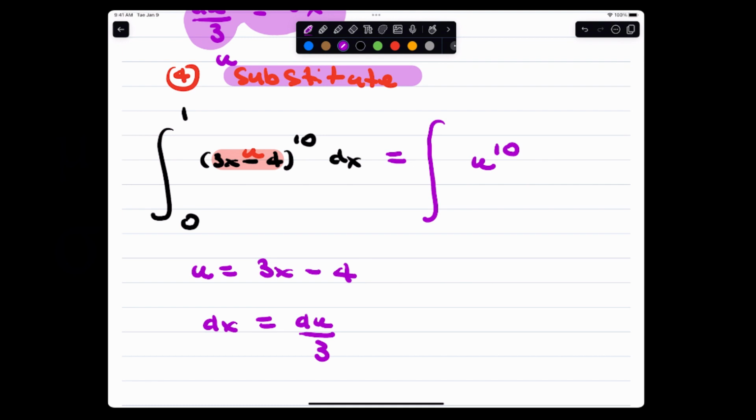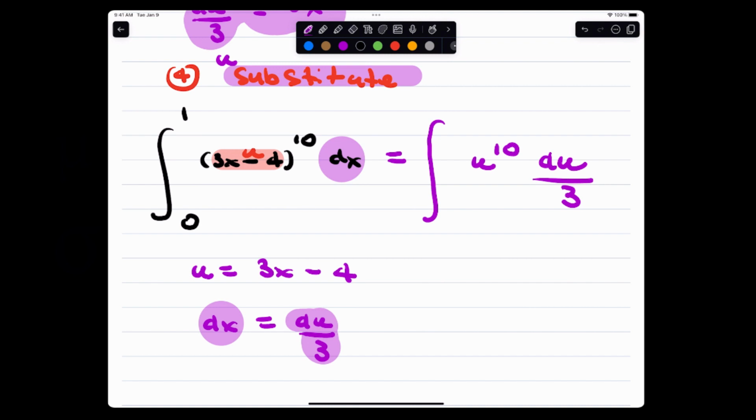What's the last little piece you got to substitute? Or the second to the last. What is dx? du over what? Over 3. You're almost there, ladies and gentlemen.